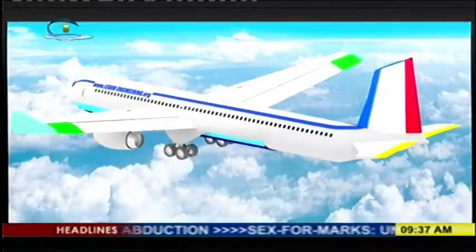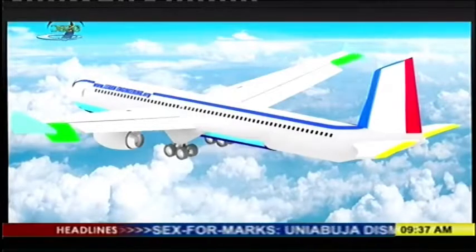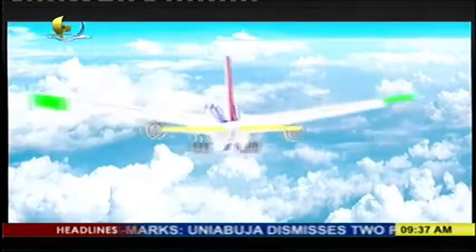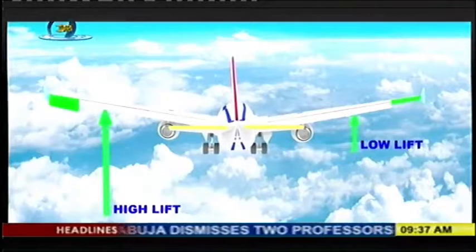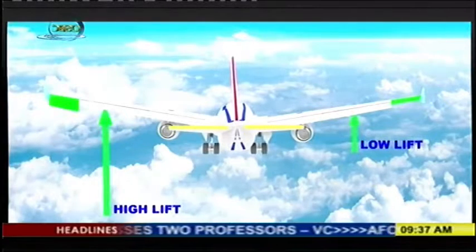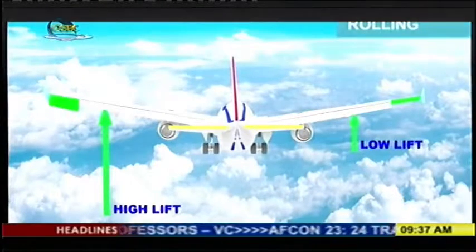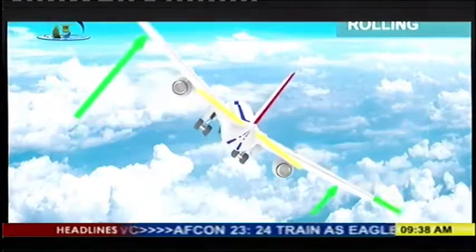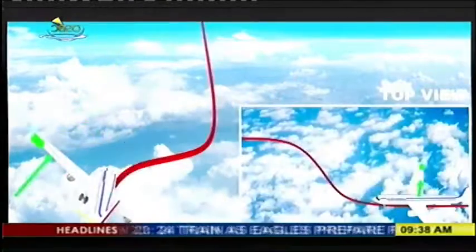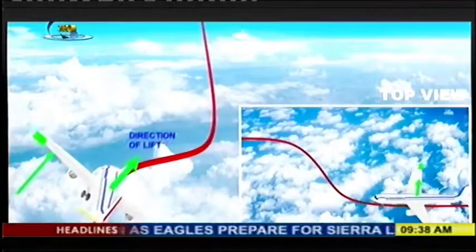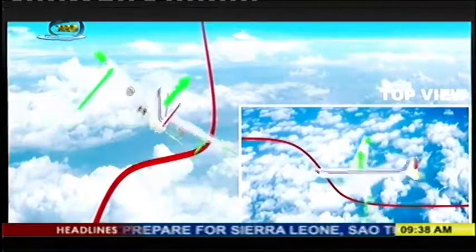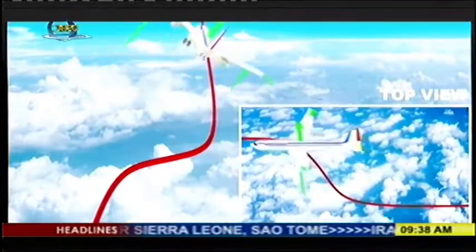Just make one aileron go up and the other down. This will cause a difference in lift forces and the airplane will roll. Now, observe what happens. If the airplane still goes up, it is clear that the airplane has changed its path.